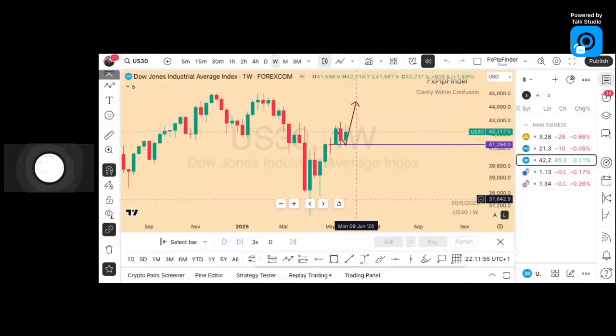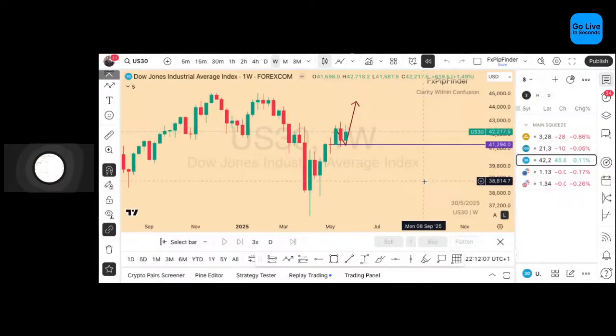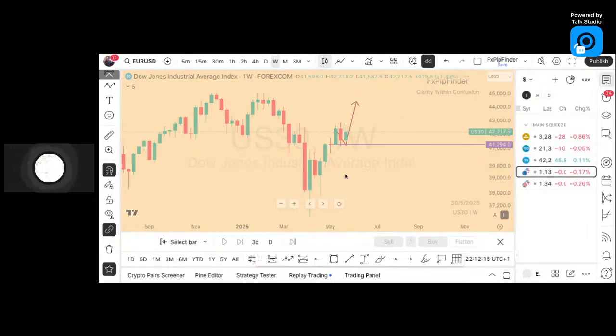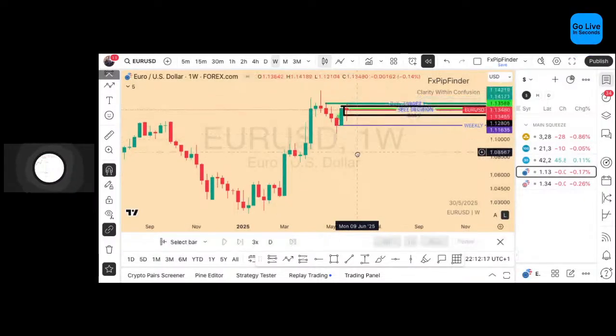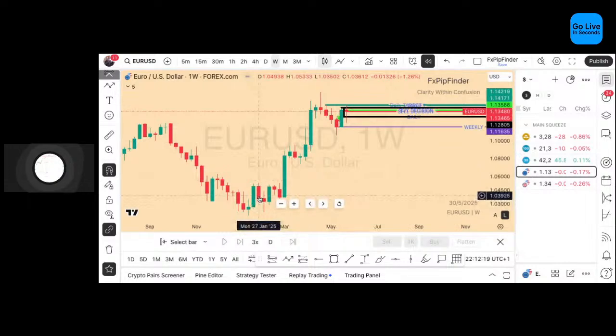You can use this powerful method to understand the direction of the market for the week, and you just trade towards that direction using whatever model you want. I'm going to show you one more example, and then we'll call it a day tonight. Just give me 1 second.